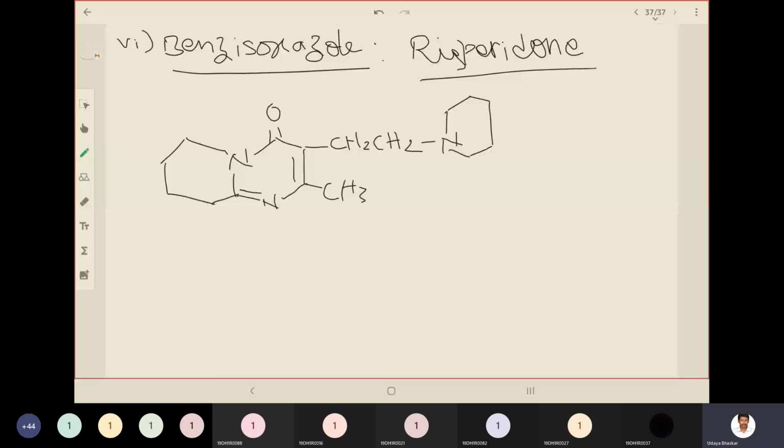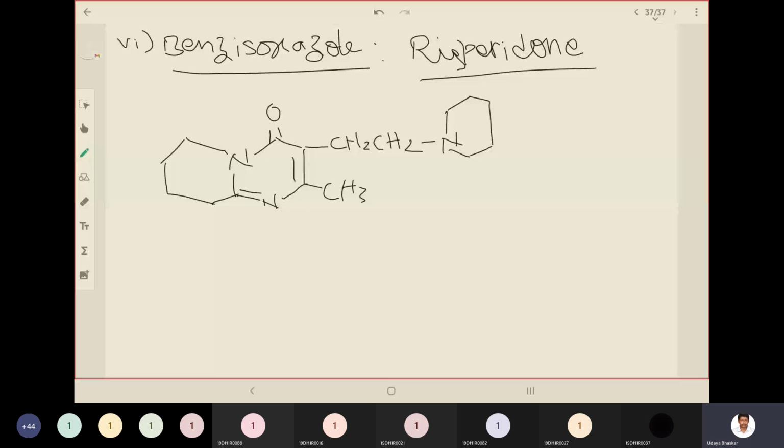The example is molindone, molindone hydrochloride.